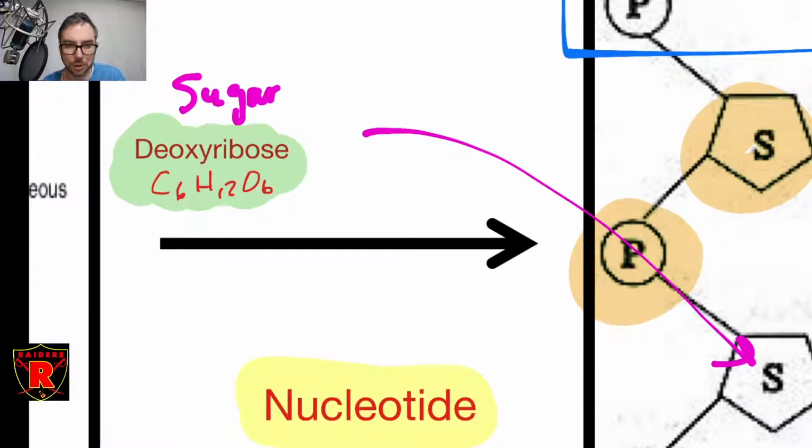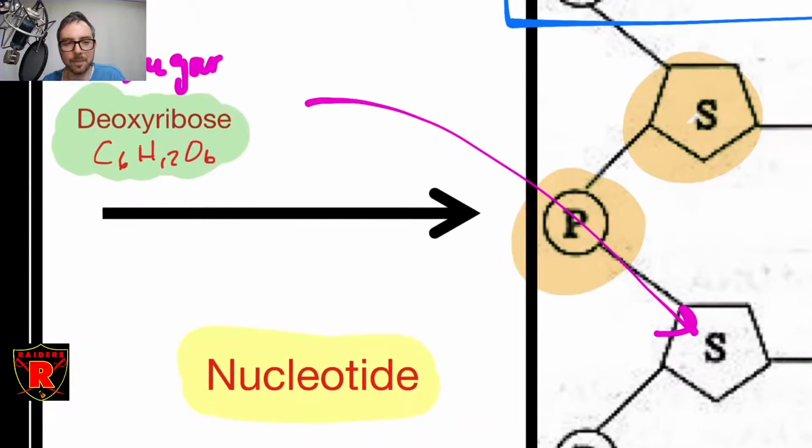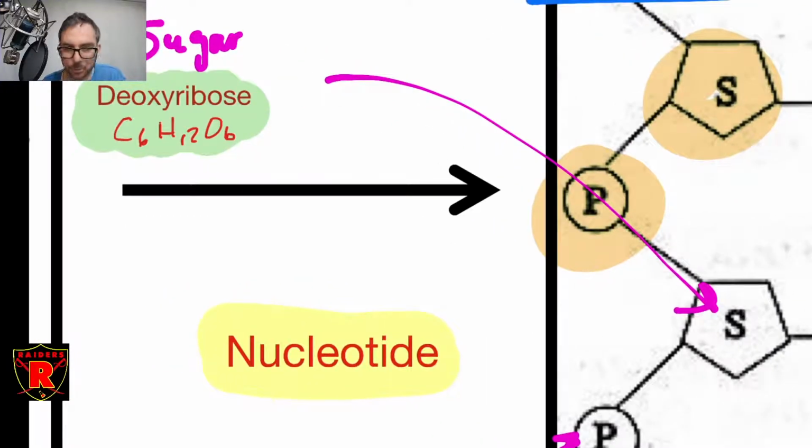All sugars are the same pentagon shape, but this one has certain oxygens bound in certain places and certain hydrogens bound in certain places, which we, again, don't need to know for this course, but that's why it's called deoxyribose. There is a particular location on there that does not have an oxygen, and that's why it's called deoxyribose, the D meaning missing an oxygen at that location.